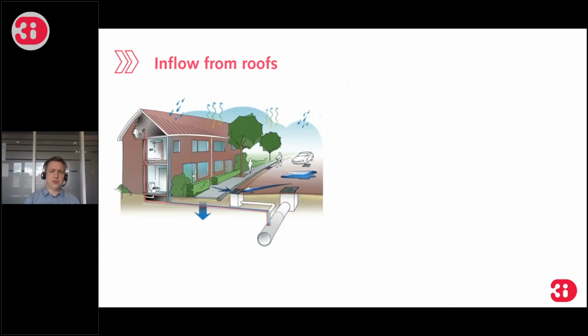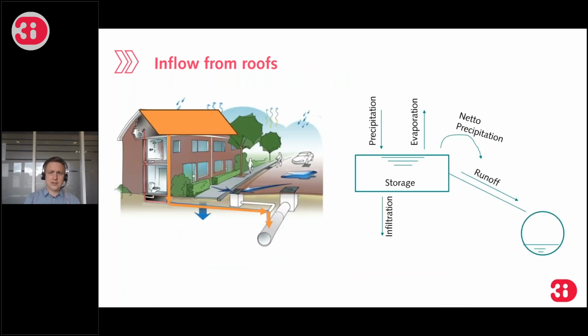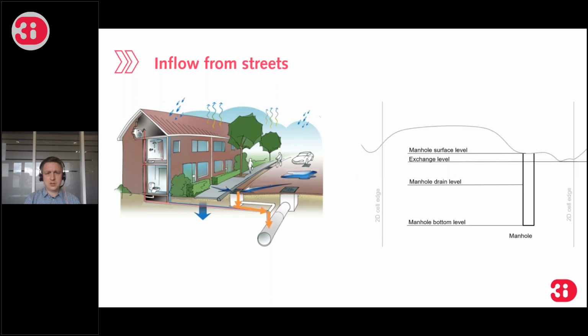So the inflow can still come from the roofs. I already showed that, so I'm going to go quickly to the next one. You also have the inflow from the streets. And if you look at other hydrodynamic simulation software, there are several ways of doing that.